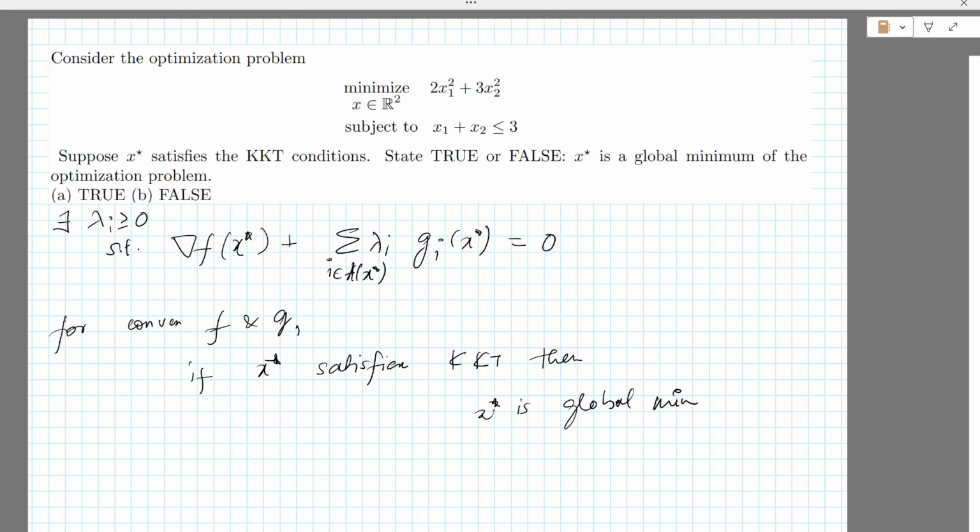So we just need to check whether they are convex. So the first problem is a quadratic.